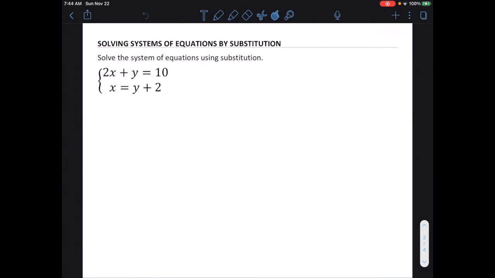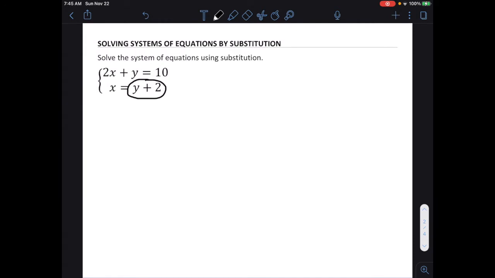The first one is a pretty straightforward example because if we look at this system of equations, we see x equals in one of the equations, and if we see x equals or y equals, that's a clear indication that we can use substitution to solve a system of equations. So we're going to substitute the y plus 2 into the top equation for the x.